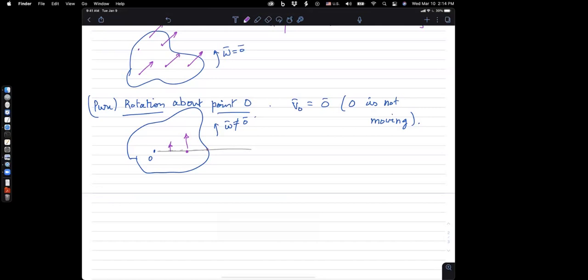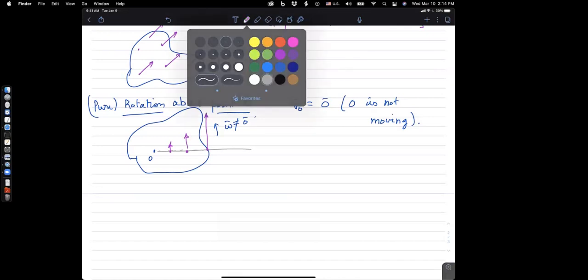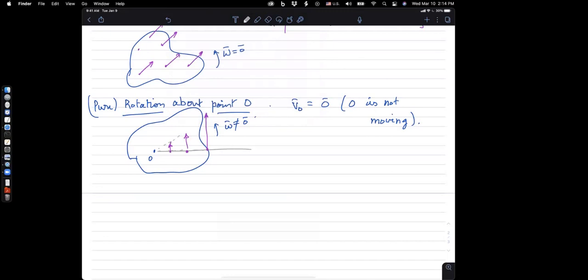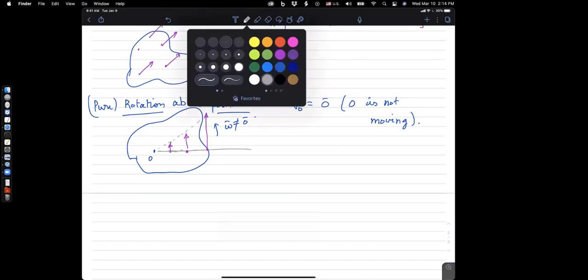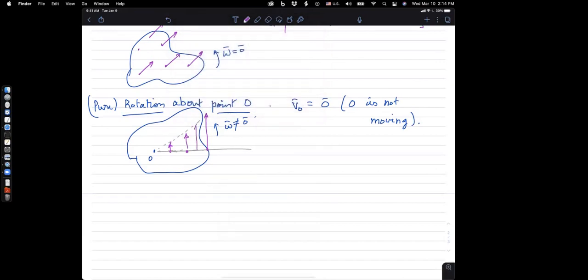If you take this point, which is maybe 3 times the distance, it's going to be bigger, and so on and so forth. So the velocities along this line will increase linearly with how far you are from the center O. Okay, does that make sense?